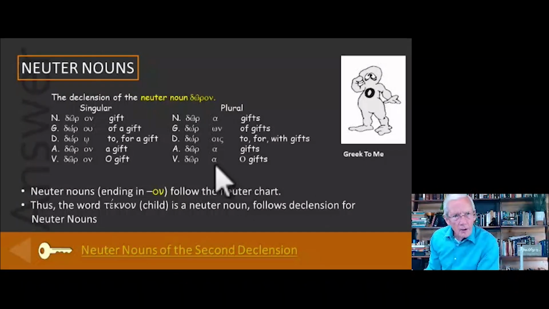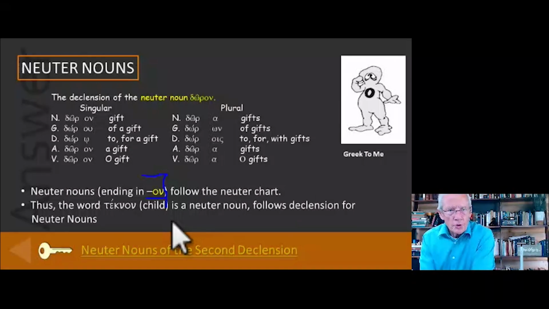So all of the nouns in the vocabulary of chapter 2 that end in on are neuter, and they are going to follow this chart. So the basic stem dor is followed by its endings.